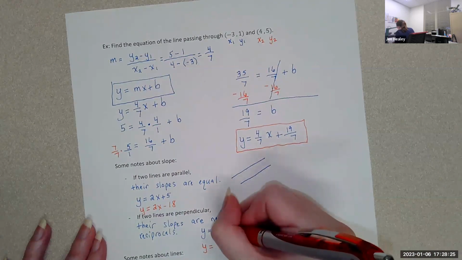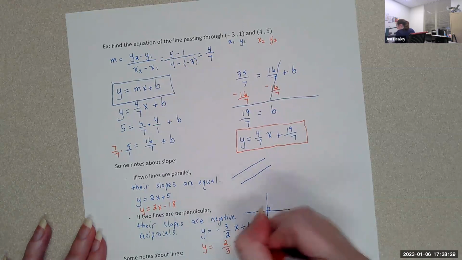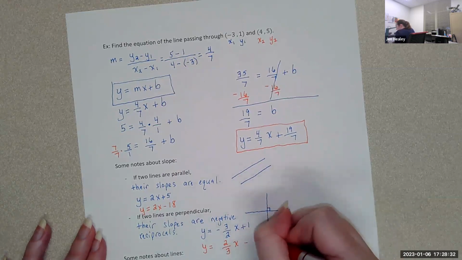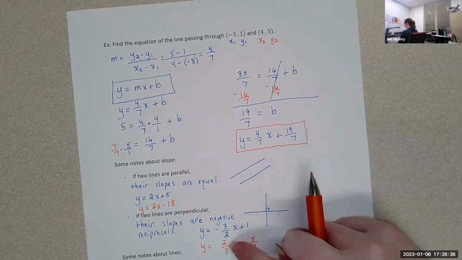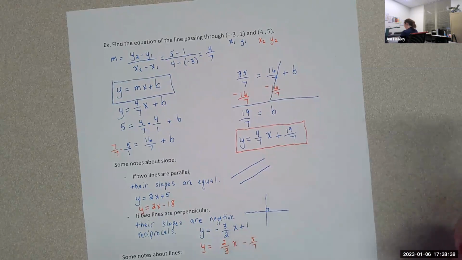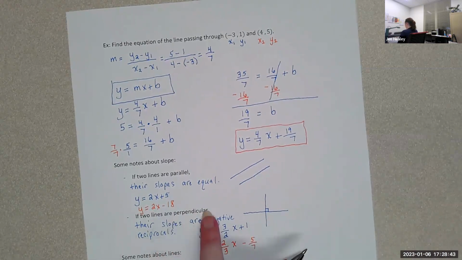And since this one was negative, this one's going to be positive. So it's going to be positive 2/3 x. And then whatever the y-intercept is, doesn't really matter. I just need the slopes to be negative reciprocals of each other. So these are equations that are perpendicular lines.